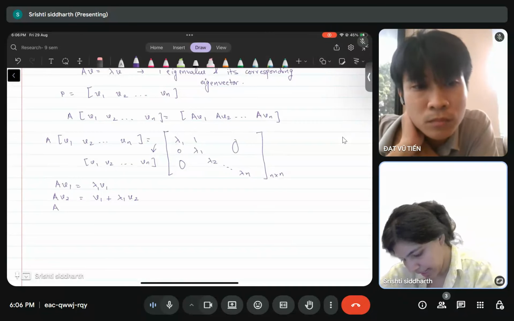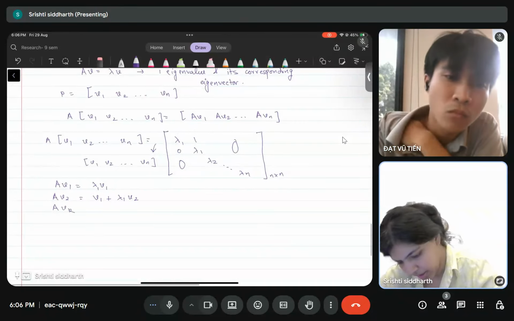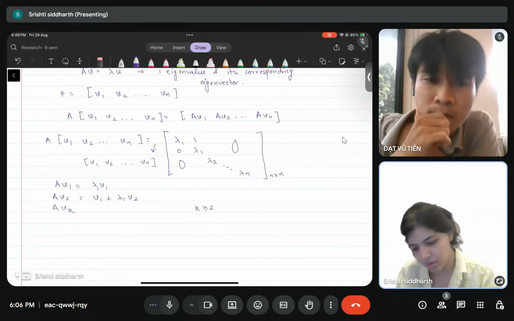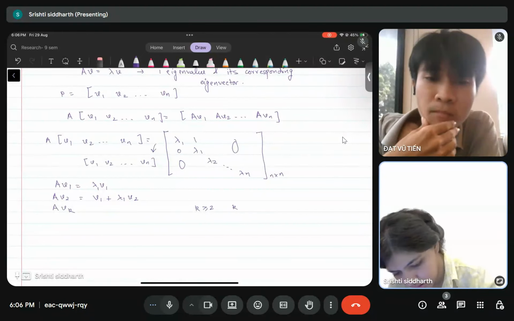A Vk, for example, for any k greater than 2. So those are the distinct eigenvalues from 2 to n. Sorry, 3 to n.